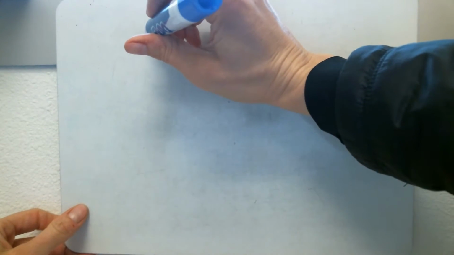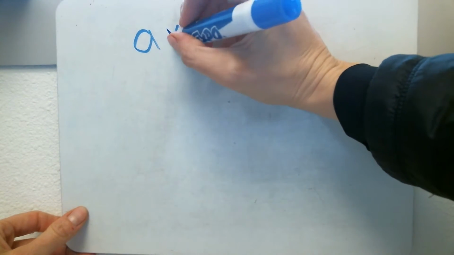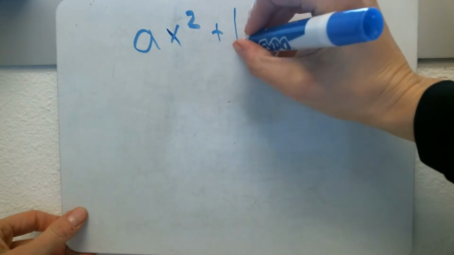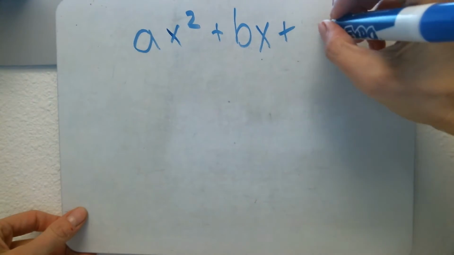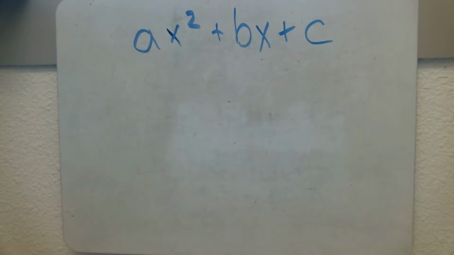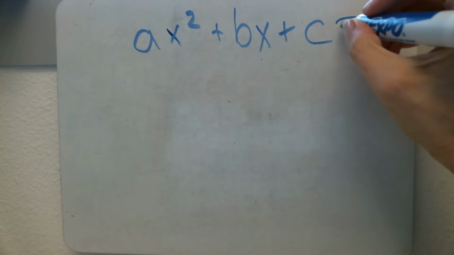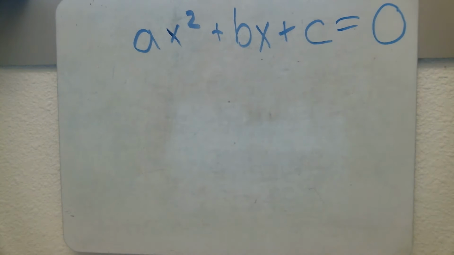So remember just a minute ago, I gave you the form ax squared plus bx plus c. Okay? So what we're going to be doing is with the quadratic, we're going to be looking at what some values for the a, b, and c are in here. And when we do this, we set it equal to 0. Okay? We can solve for x if it's equal to 0.